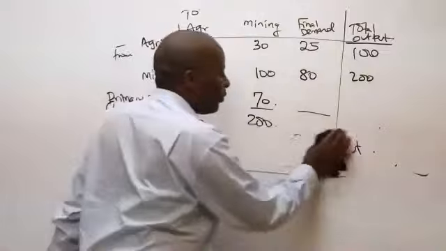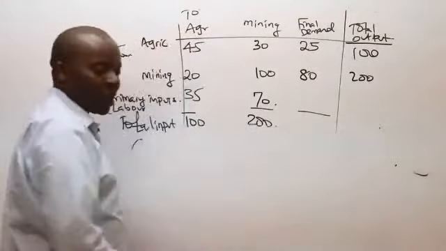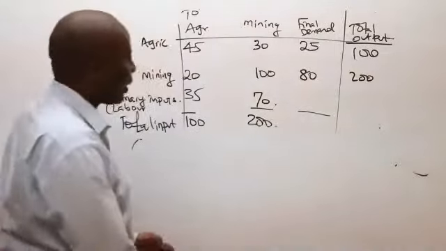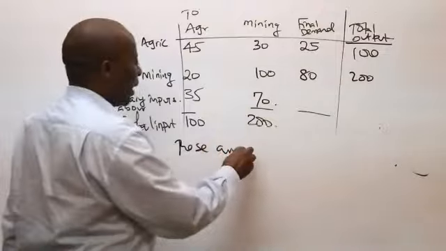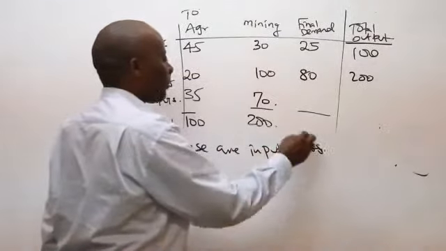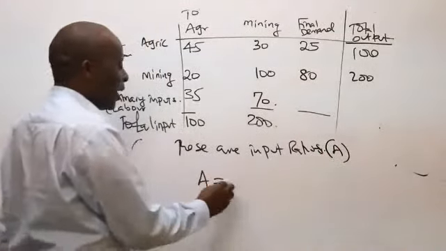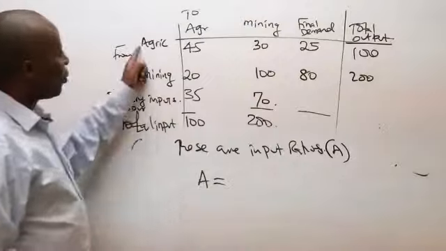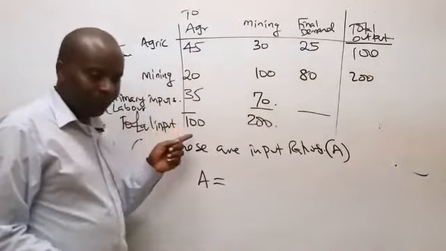Technical coefficients are basically the input ratios. We normally call them A. And for us to get A, because I've got two sectors, I only need to go to my columns.